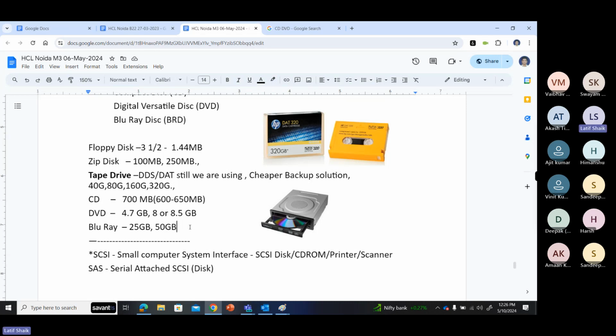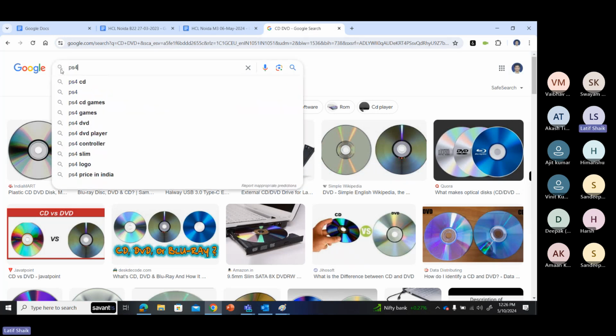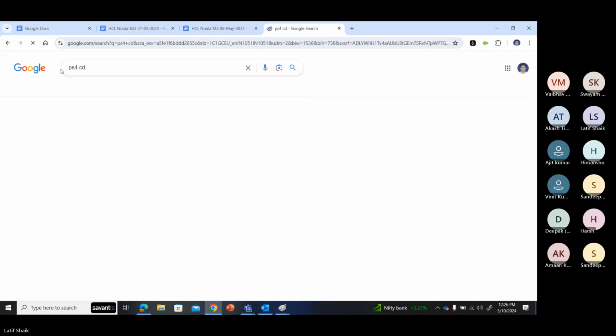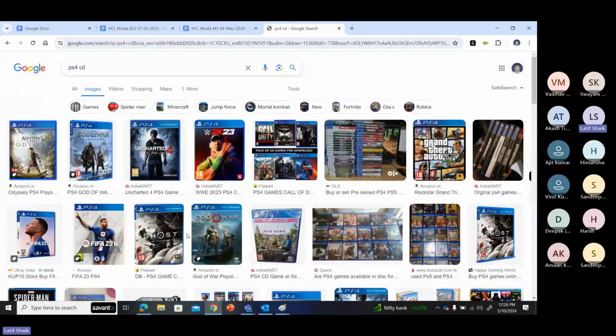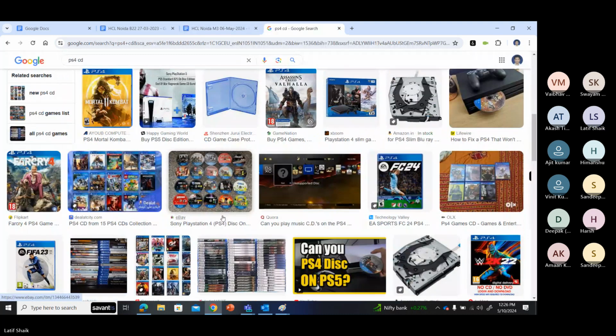Yeah, Blu-ray holds primary data up to 25 GB, and double layer is 50 GB. But we are still using Blu-rays, if you see PS4, PS5 gaming CDs, that is a Blu-ray disc.